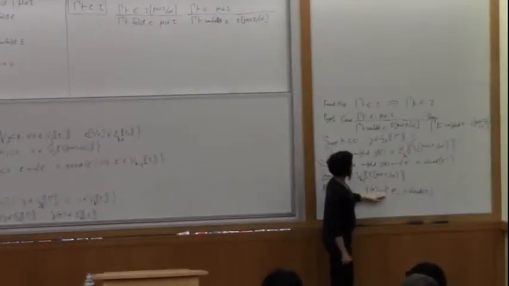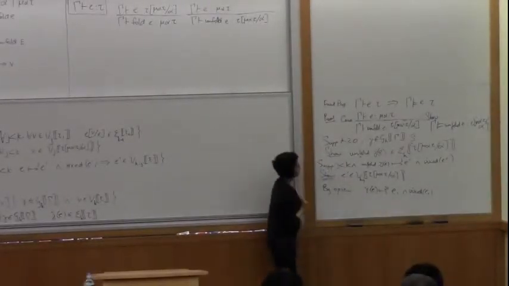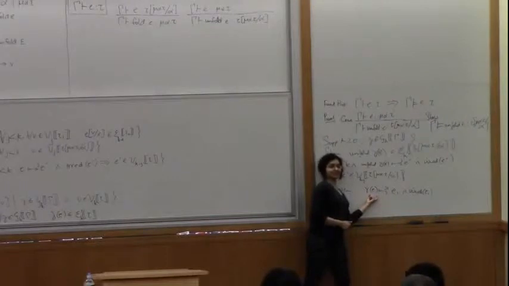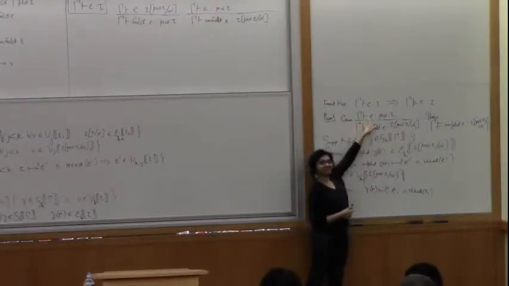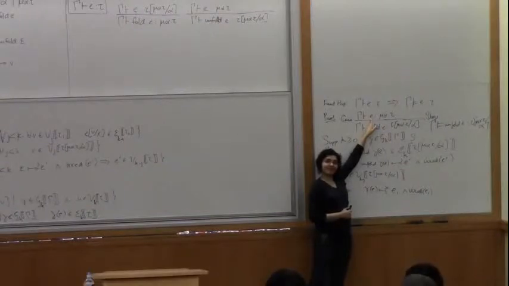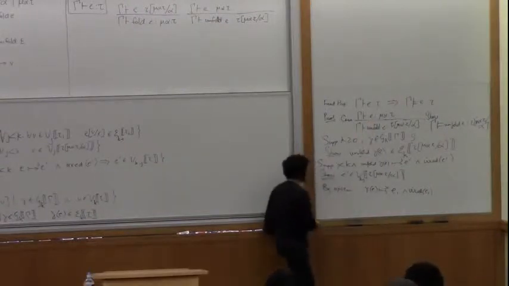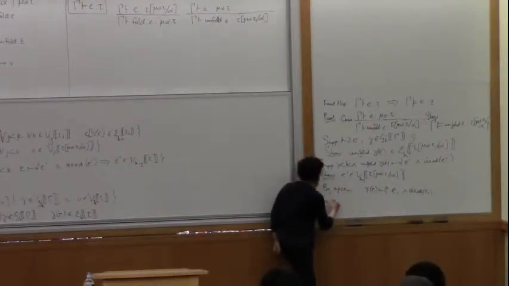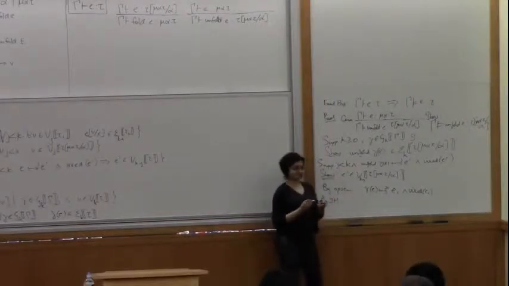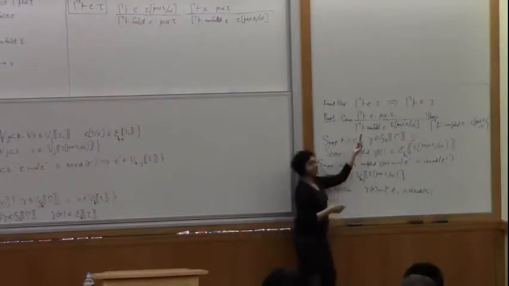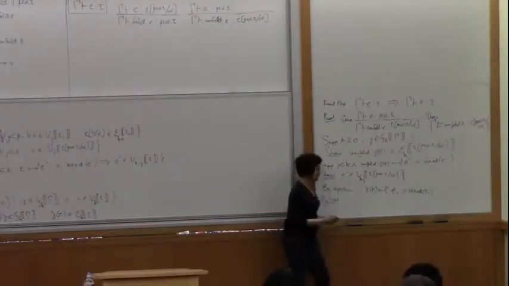Now, since we're talking about the E term, and E appears up here, we can use our induction hypothesis. What do we know by our induction hypothesis? That E semantically behaves like it has type mu alpha tau, right?